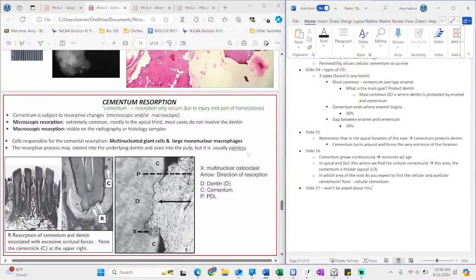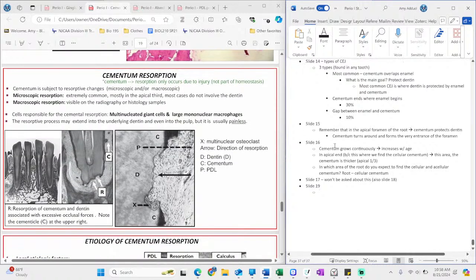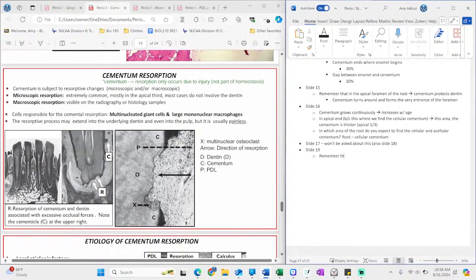Regarding resorption, one big difference regarding the physiology of bone and cementum is that bone remodeling is happening continuously. It's part of the normal physiology of the tissue.